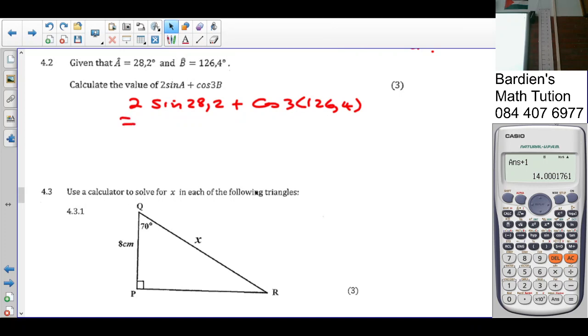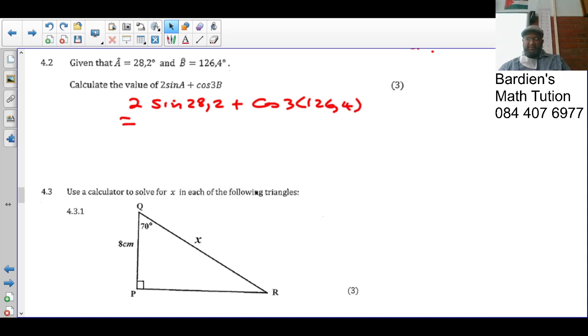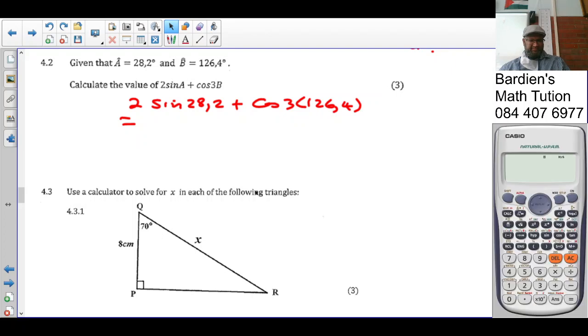When you put this in the calculator, do not close the bracket and open the bracket.